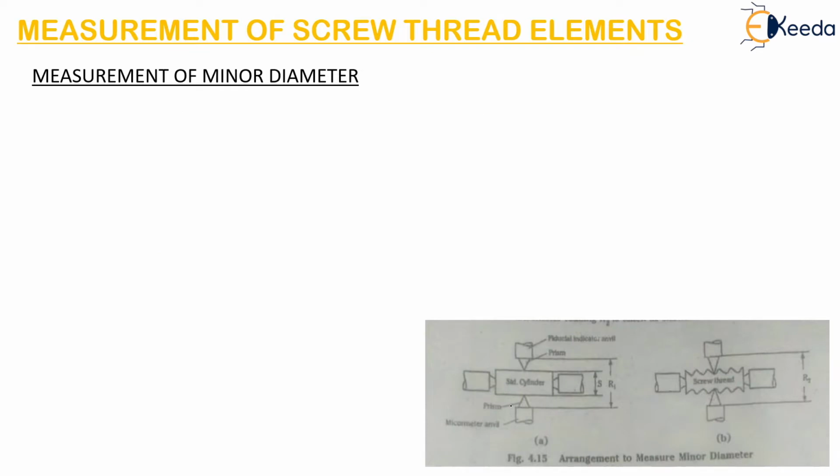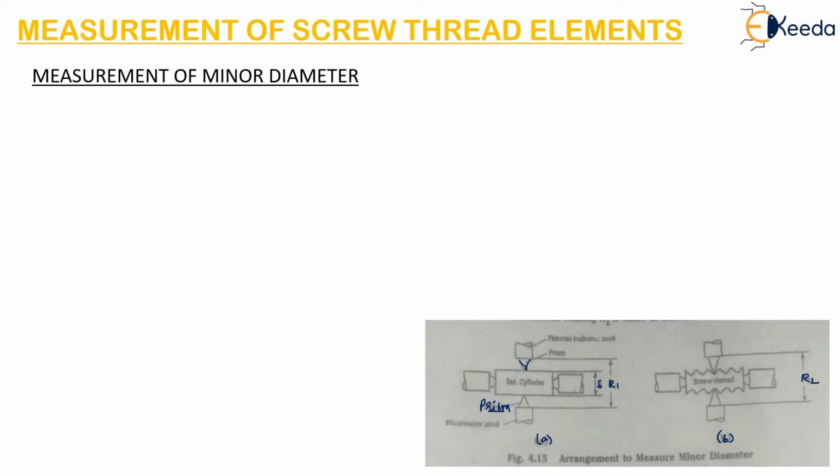Here we can see that there are two figures, A and B. Here there is a prism. This is the micrometer anvil. This is the fiducial indicator anvil, and here there is one more prism, and this is the value S, and here there is R1, and this is the R2 which we are measuring.